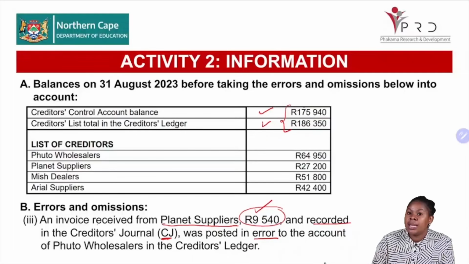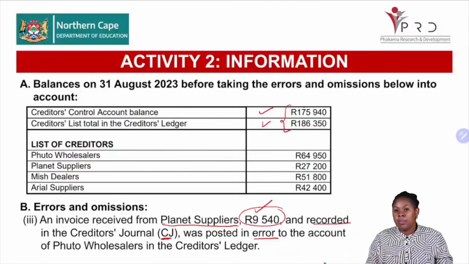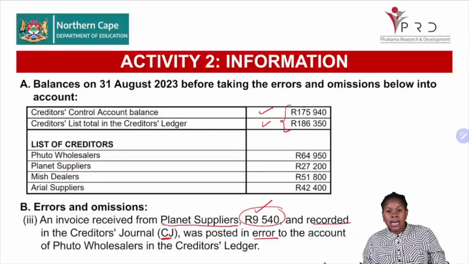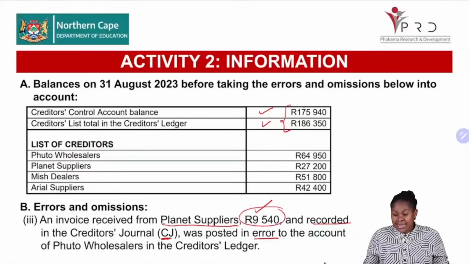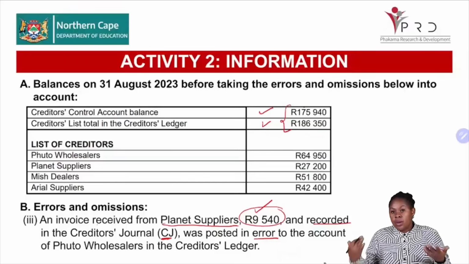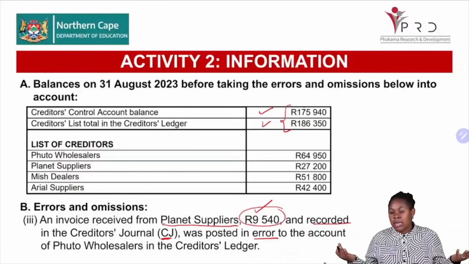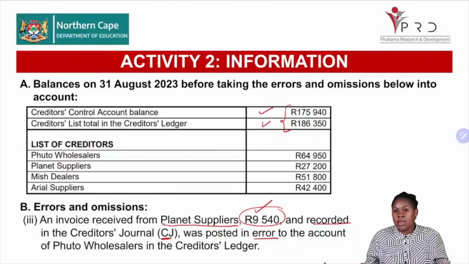There is a creditor that we are owing 9,540, and unfortunately, the books that we are busy with, which is the creditors list and the creditors control, do not allow us to maneuver between the two creditors. We are just dealing with totals. So the debt is there. So therefore, we can't add or subtract anything because it is supposed to be there in the first place.